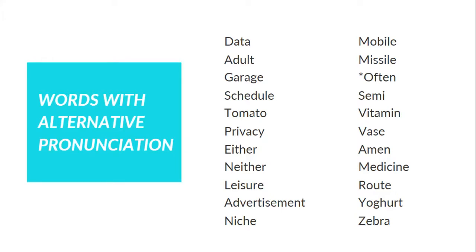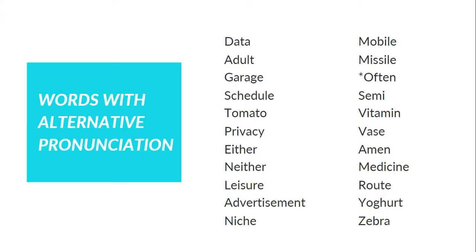So, adult for British pronunciation, then adult for American, garage for British, then garage American. Schedule. This word has about 4 pronunciations. Schedule for British, then Americans go schedule, schedule.